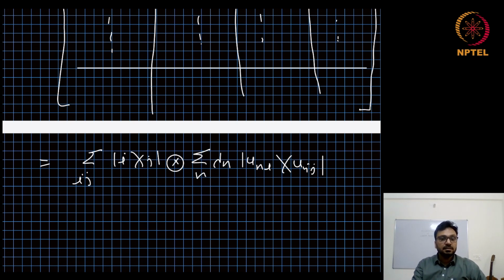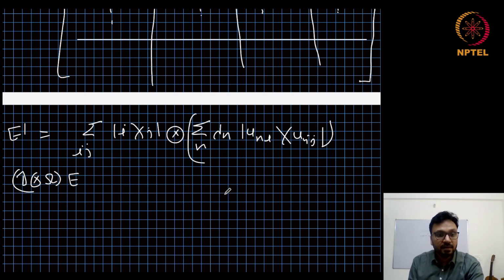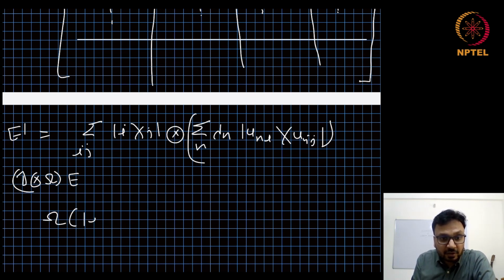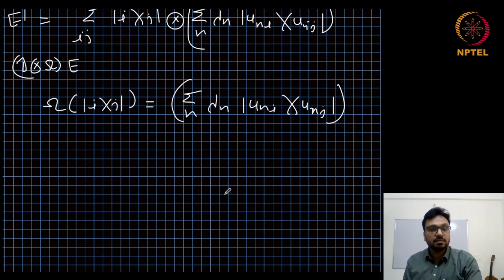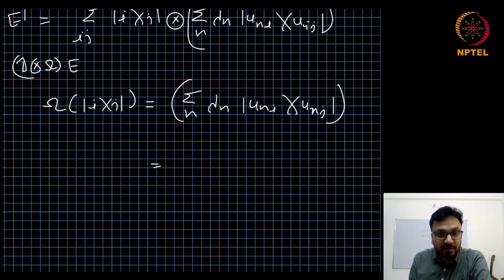So this is the whole E prime matrix, and E prime, if you remember, is identity tensor omega acting on E. Now compare it with E, and we will see that omega acting on |i><j| is nothing but sum over n of lambda n un i un j dagger.